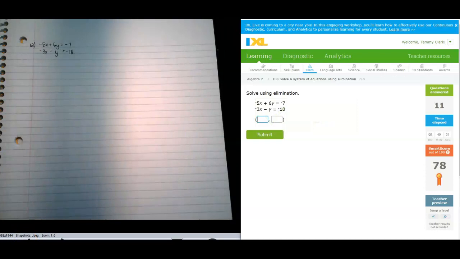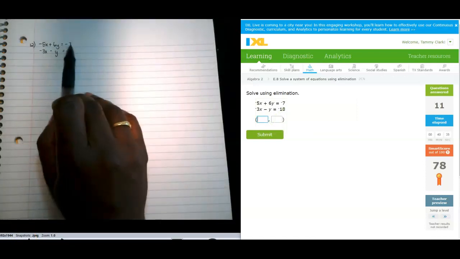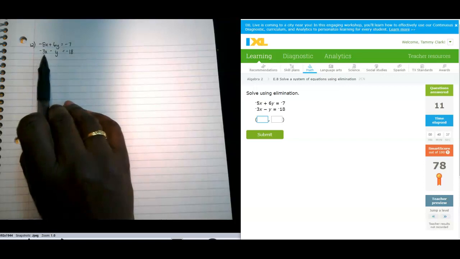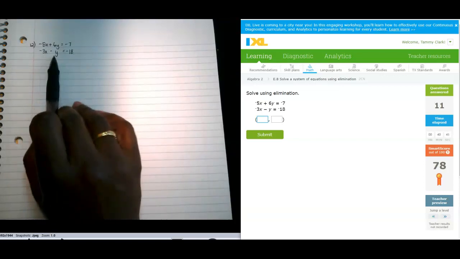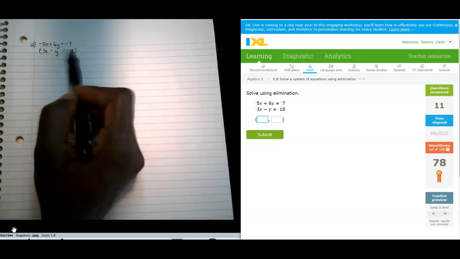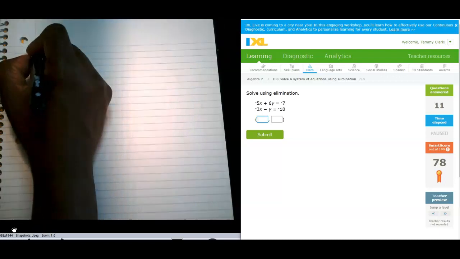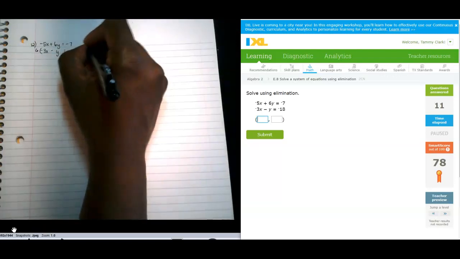One more. Alright, on this one I've got negative 5x plus 6y equals negative 7. Negative 3x minus y equals negative 18. Again, you see our coefficients aren't the same. So what I'm going to do is multiply every term in the second equation by 6. I'm going to leave the first alone.